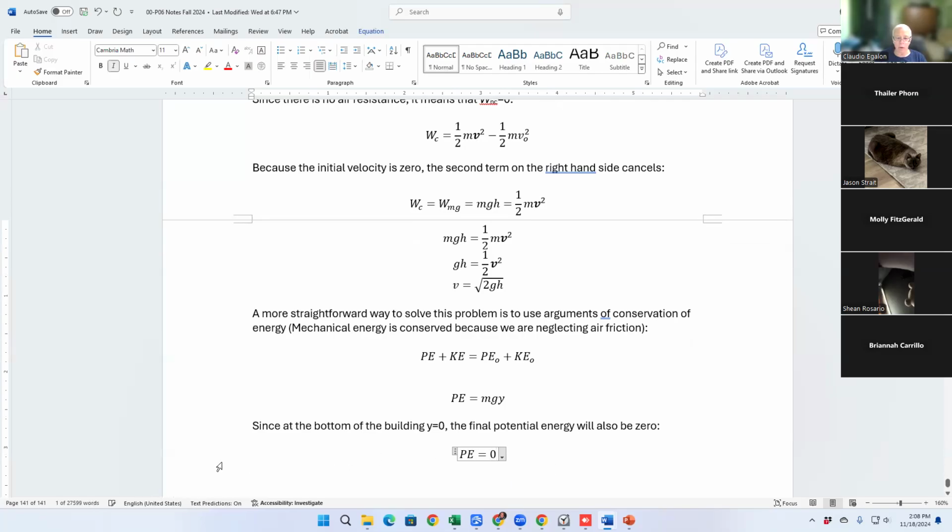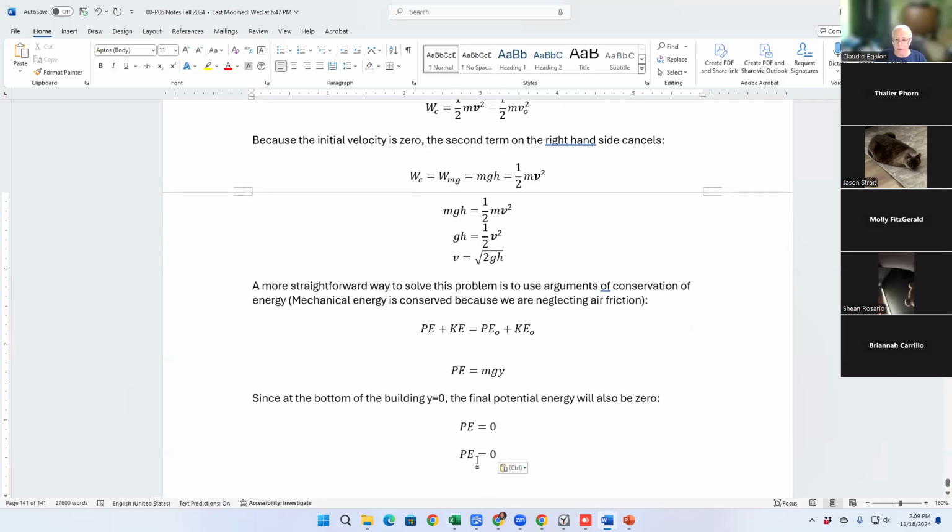And then we have to worry about the initial potential energy. The initial potential energy, just like before, is going to be mgy, where y is equal to h. So we substitute everything out there, right?